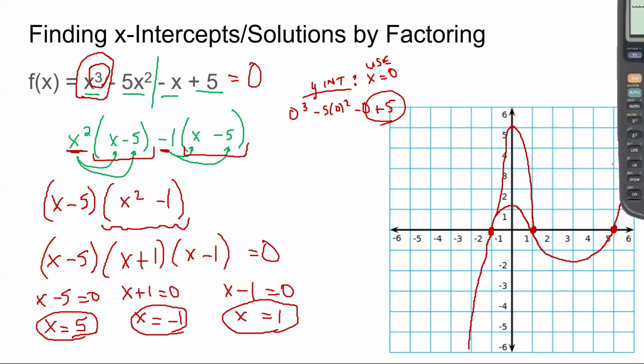If it were me, I would go, this dot is at 1 and that one's at 5. So in the middle is 3. And I'd check that point. So use x equals 3.